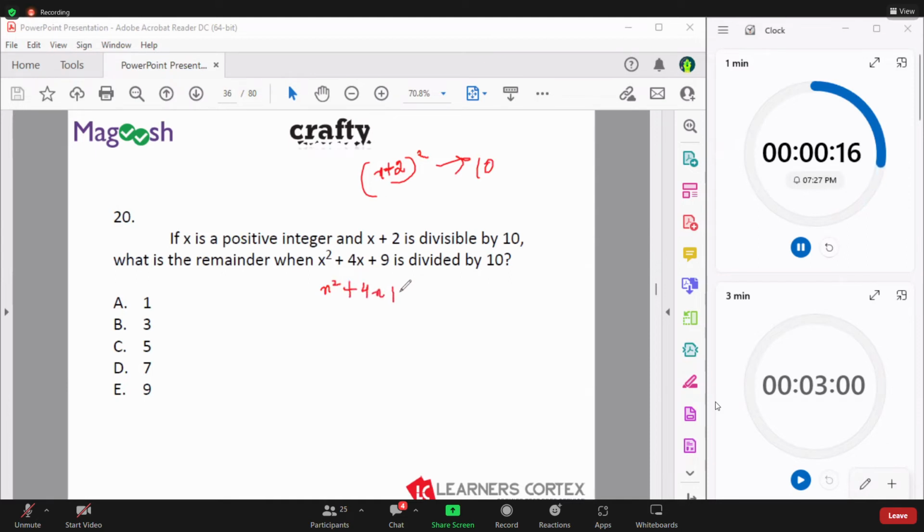And in the equation, it's given x square plus 4x plus 9. So after subtracting, we can see that it's coming 5. Great, wonderful.